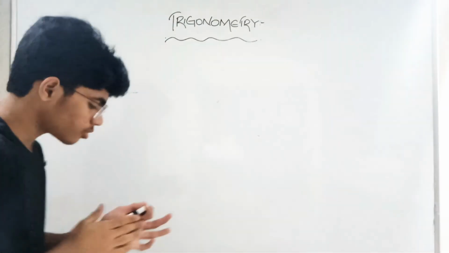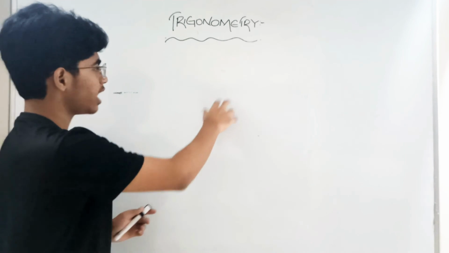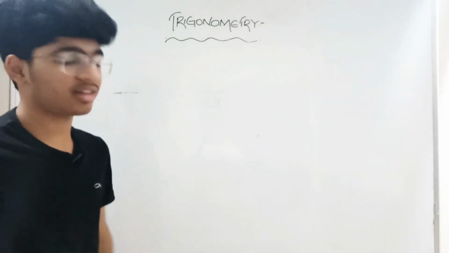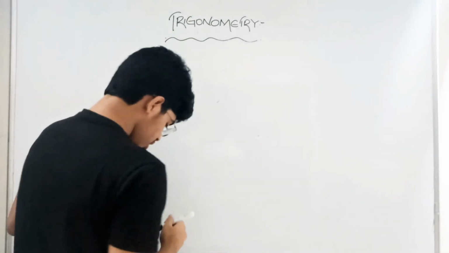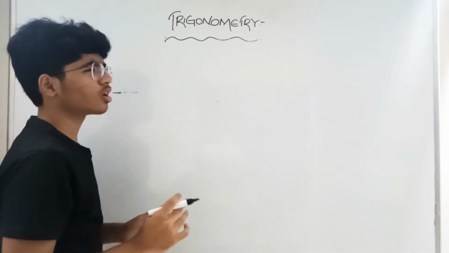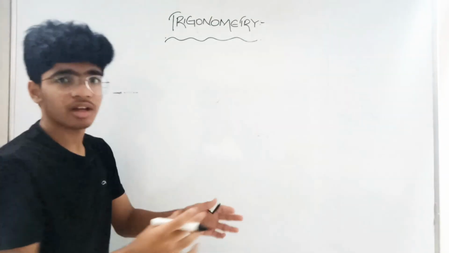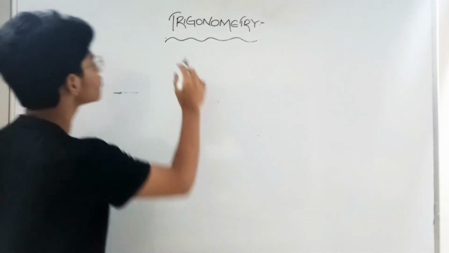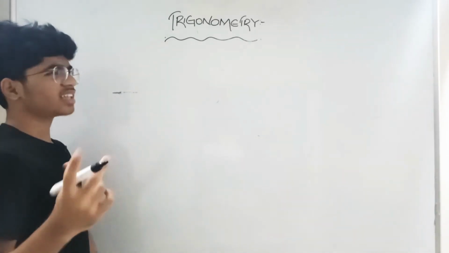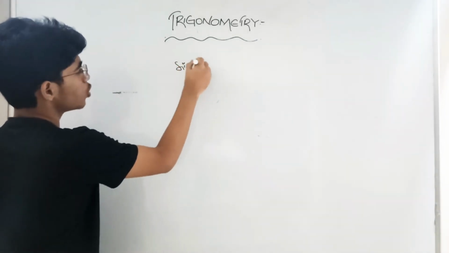Good. So now we got the quadrants concept. Now, calculating the value. So we are not going directly with the value, but with the concept. We'll go with an example now. We'll take the example of sine 225 degrees, right?